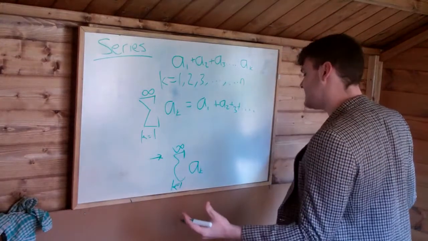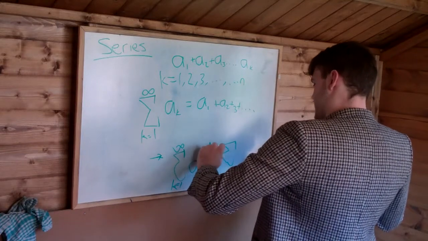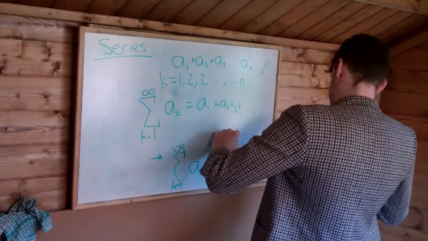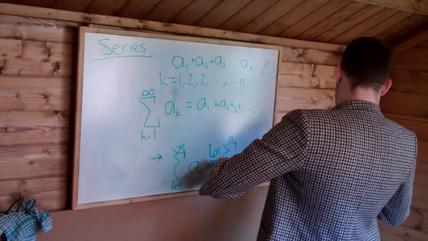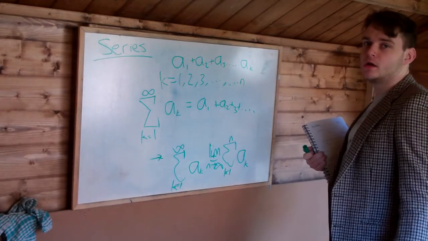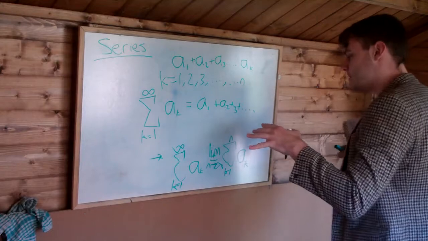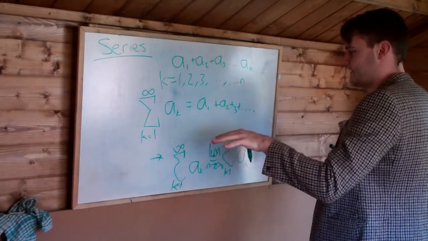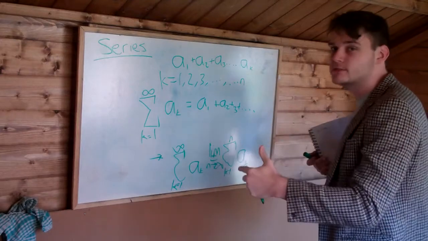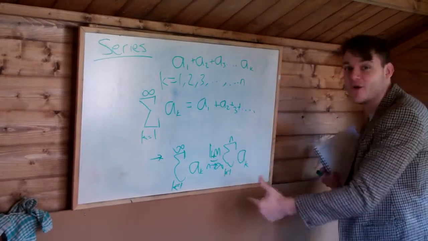What that actually means is it's a limit as n tends to infinity of the sum from 1 to n of ak. k is a dummy index. It's just a limit, n tends to infinity, because it just keeps going. That's all it is.